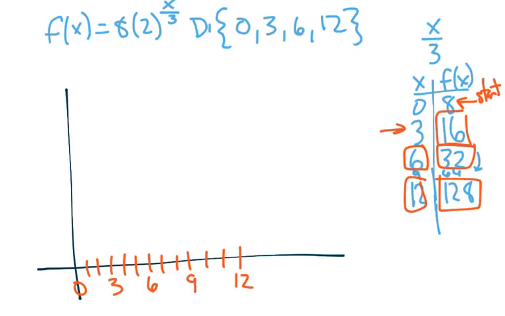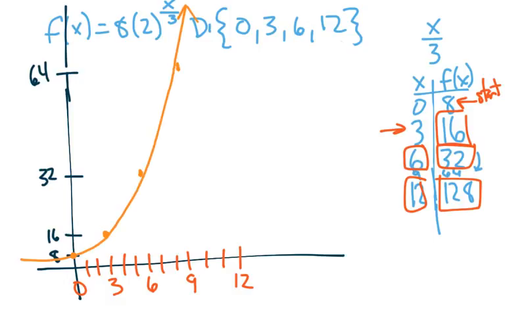For our other ones, if that was 8, there'd be 16, that would be 32, roughly, then 64 would be up here, and 128 would be even higher. So 0, 8 is where we'd start, 3, 16, 6, 32, 9, 64, even though we didn't do that one, and then 12, 128, so it would be going up like this.